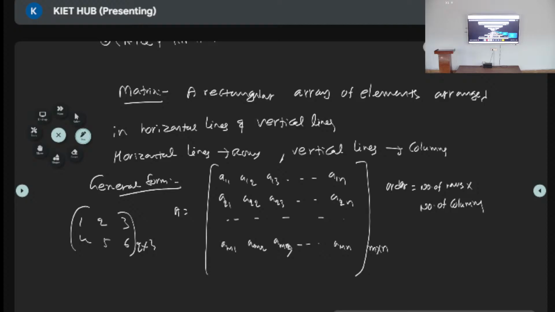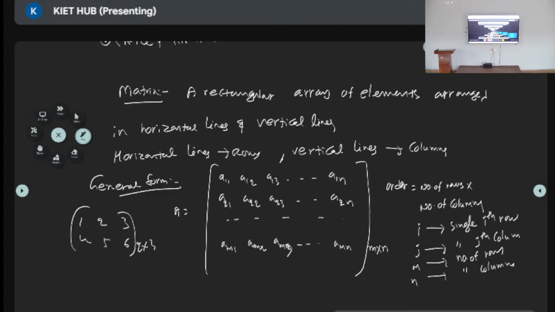Now, some important notations we are having. What are the important notations here? i, j, m, n. These are the important notations throughout our matrices. Is everyone concentrating? i represents a single ith row. j represents a single jth column. m represents the number of rows. n represents the number of columns.